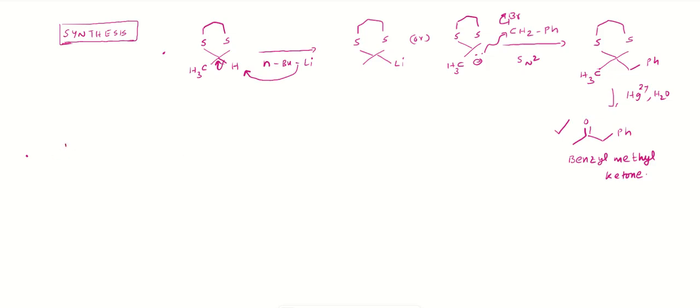Now PhCH2C(=O)CH3, now this on reaction with an NMN. On treatment with pyrrolidine in the presence of para-toluenesulfonic acid, PTSA, here this is an unsymmetrical ketone, so therefore here we will get a less substituted enamine.